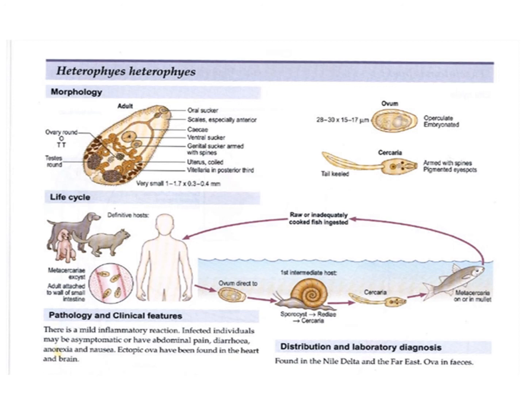The ovum penetrates the first intermediate host, the snail, as a miracidium when it hatches, and undergoes sporocyst stages to become cercariae. The cercariae leave the first intermediate host and enter the second intermediate host, which is fish. Then after the human eats raw or inadequately cooked fish, the definitive host, I mean the human, becomes infected.